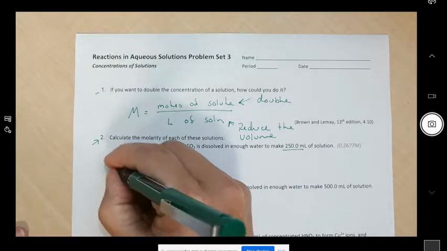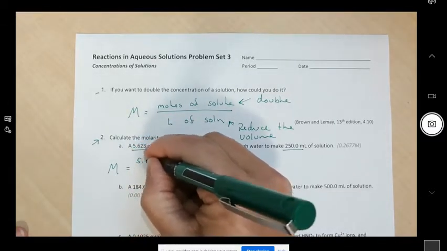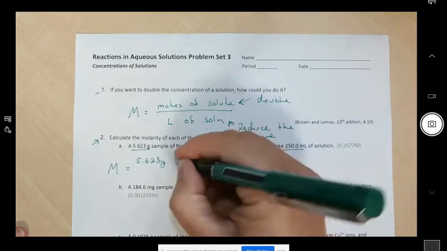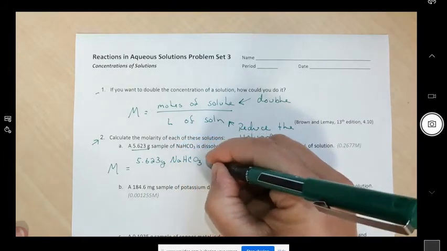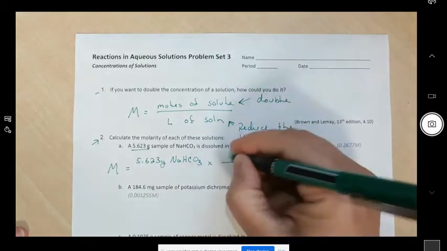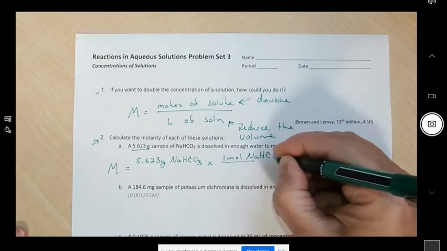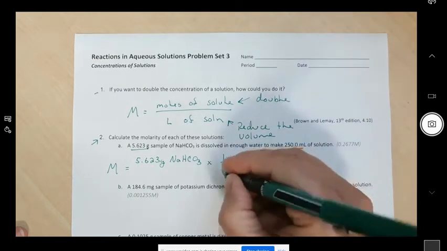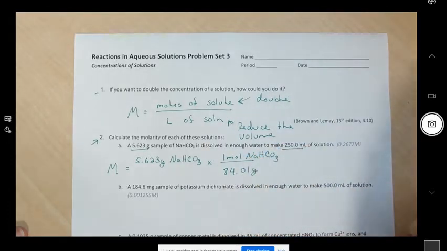I'm going to go ahead and find moles of solute. 5.623 grams of sodium hydrogen carbonate. And I know that 1 mole of sodium hydrogen carbonate has a mass of about 84.01 grams.